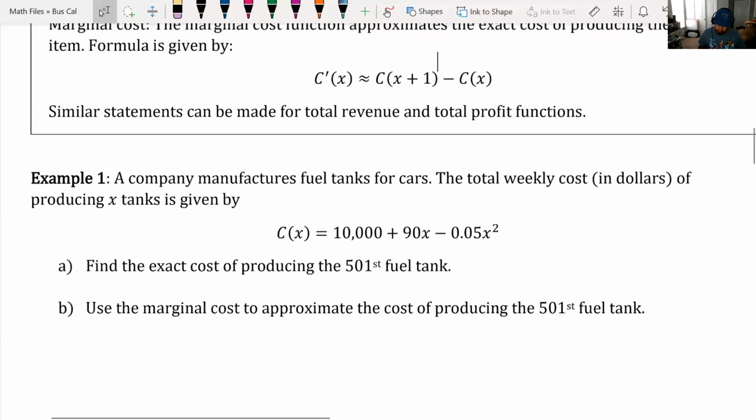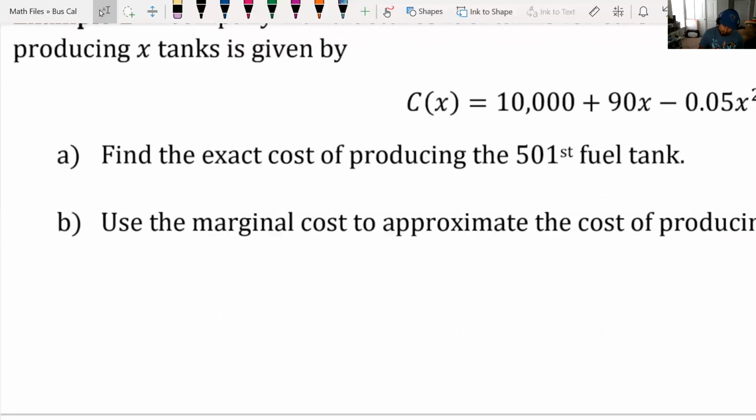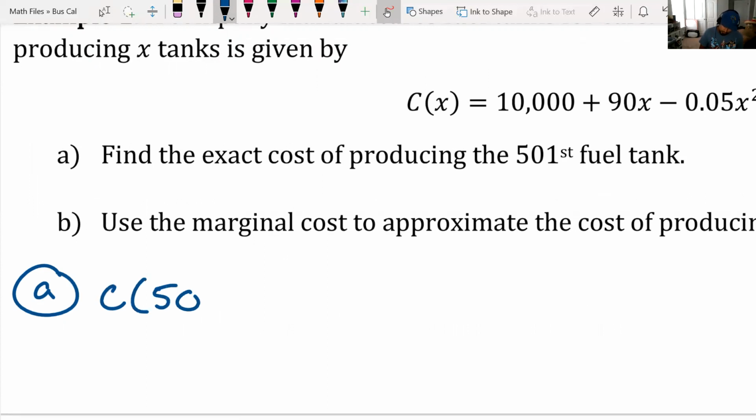All right, for A, if we want to know the exact cost of the 501st fuel tank, we'll say C of 501 minus C of 500. This uses the exact cost formula.